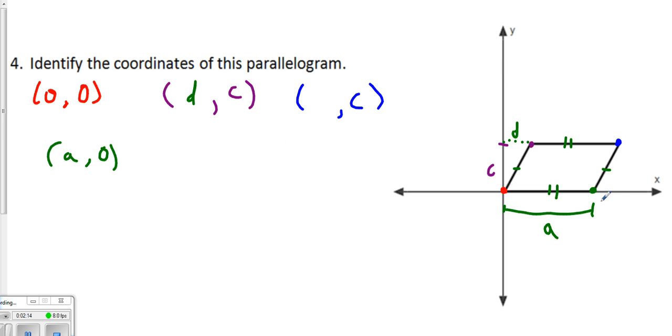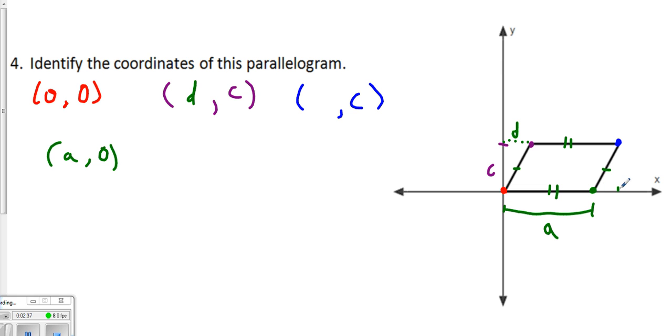So if this one was at A, 0, then to go from here over this amount to get up here has to be the same as here to here, right? Because this slope has to be the exact same as this slope because they're parallel. It's a parallelogram.